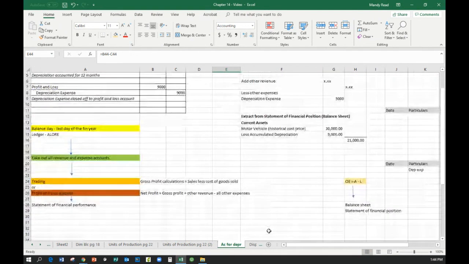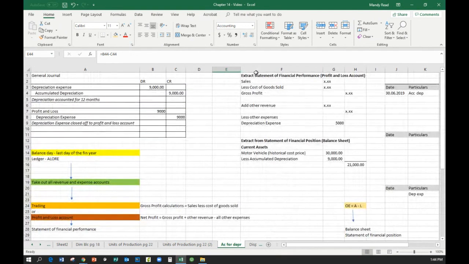Yes, it was. We also have here the extract of the financial statement for financial performance, in other words, the profit and loss account. Now remember, this is just an extract. So the start of every statement of financial performance will have sales, less cost of goods sold, giving gross profit, adding other revenue, less other expenses, and the expense of $5,000.